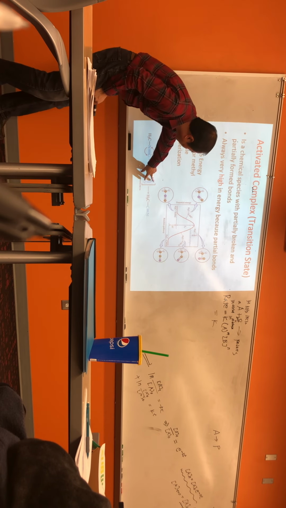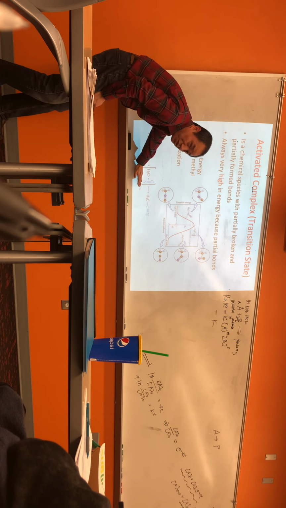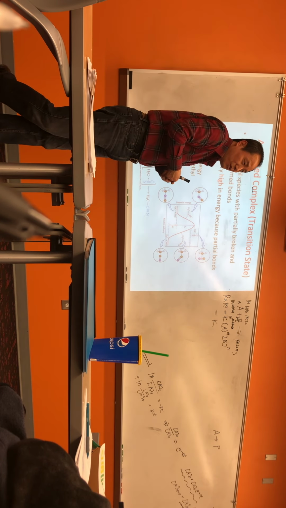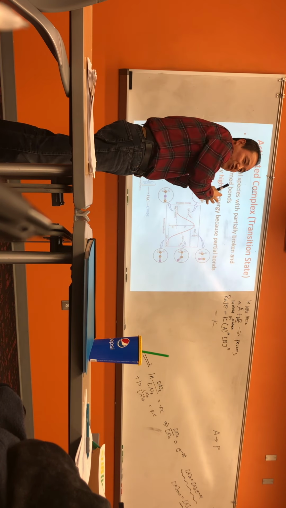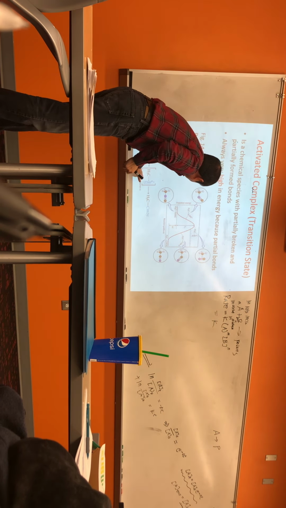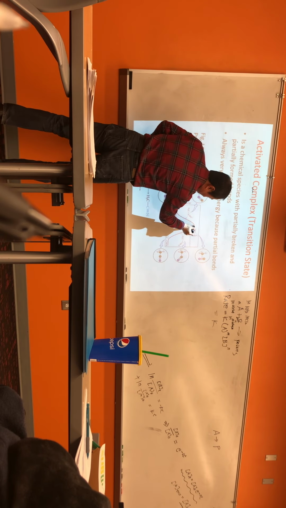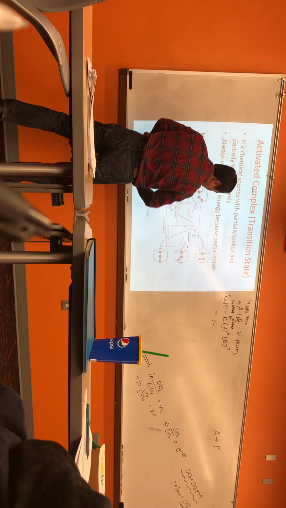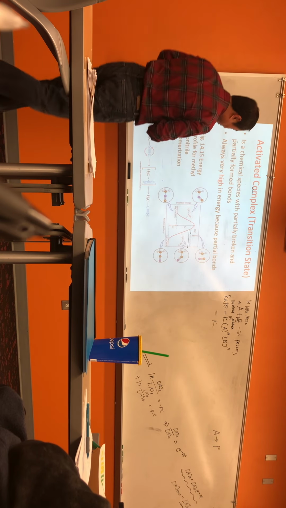So when it rotates, this is a transition state, which means it's neither reactant nor product. It's kind of a hybrid, just changing from one shape to the other, so this is the middle shape. It doesn't belong to either of them. That's when you are on the top of the energy barrier. We call that complex the activated complex. The activated complex is neither reactant nor product.